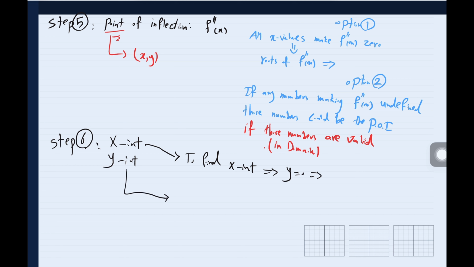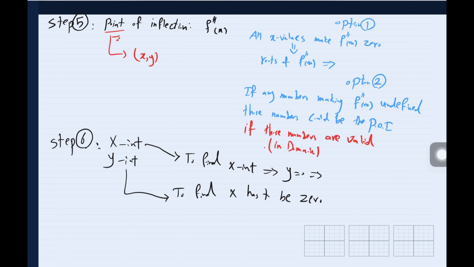For y-intercept, x has to be 0. So if you know all these 6 steps for every single rational function, you can graph those functions very accurately, and also you can understand how those functions behave.